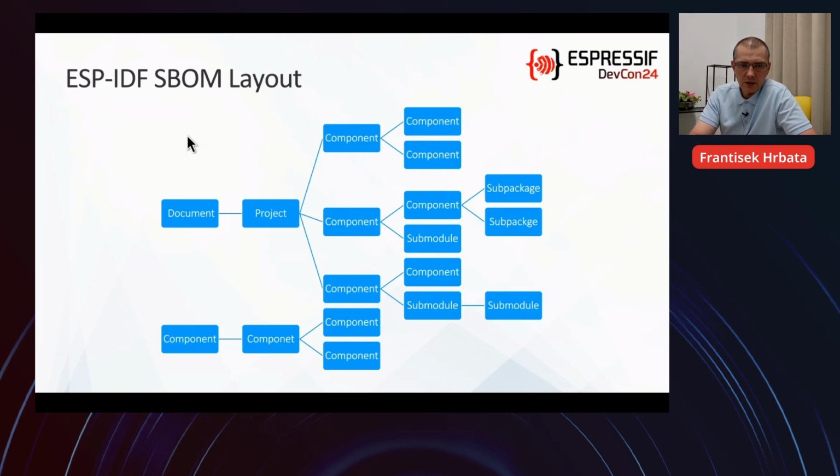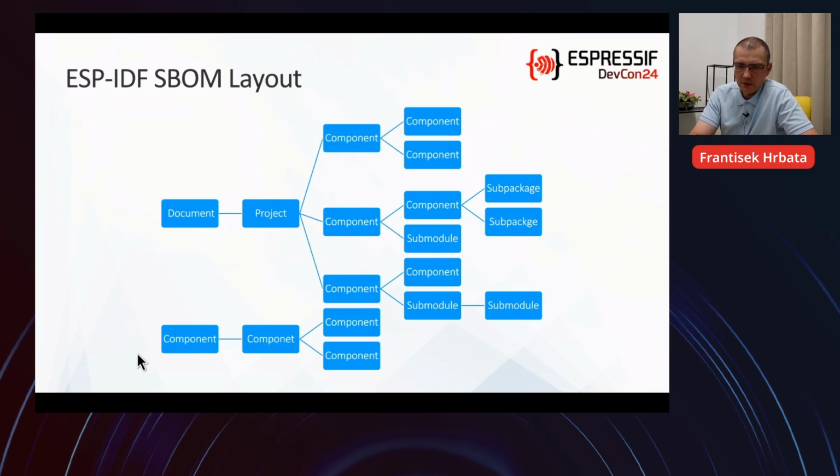By default, all the components which are part of the build are included in the SBOM, but only components directly linked to your project are in a relationship with it. Meaning, for example, here you can see this component is not related in any way to the project.